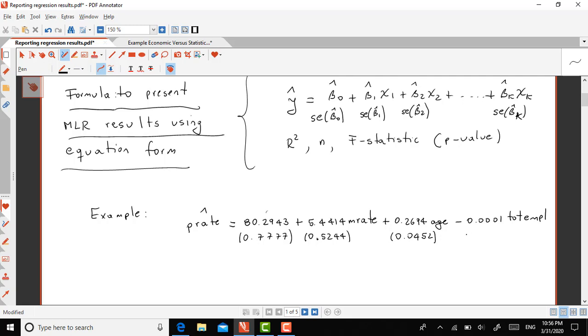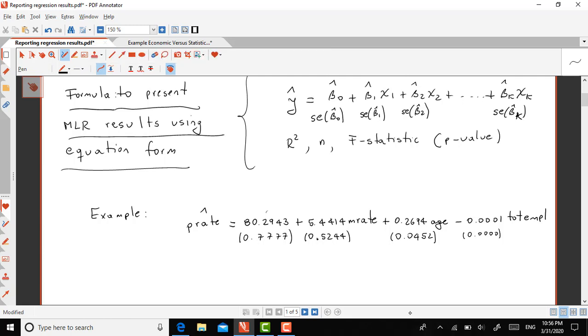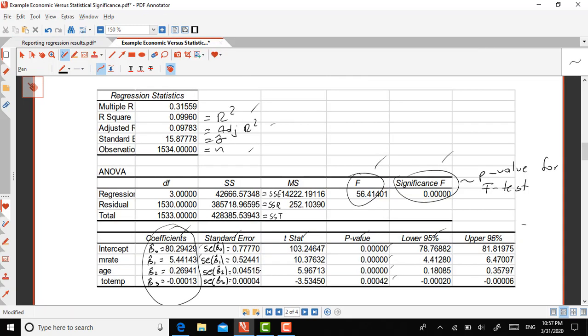And the last one is going to be 0.0000. Okay. And again, we will go back. Look here, the standard error is 1, 2, 3, 4 zeros, and that's what we will copy, and 0.452, which is kind of what we wrote here for H. But for the M rate, 0.5244. You can see here that for M rate it is 0.5244.